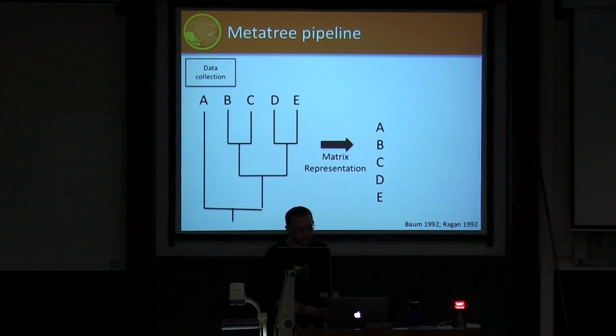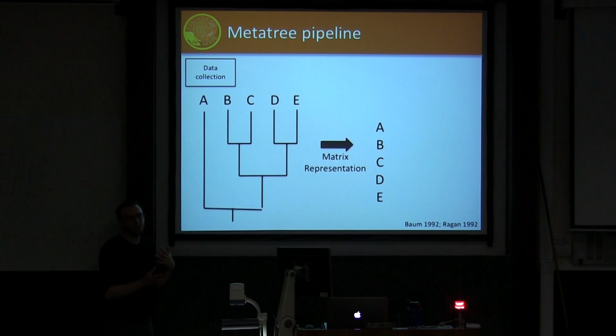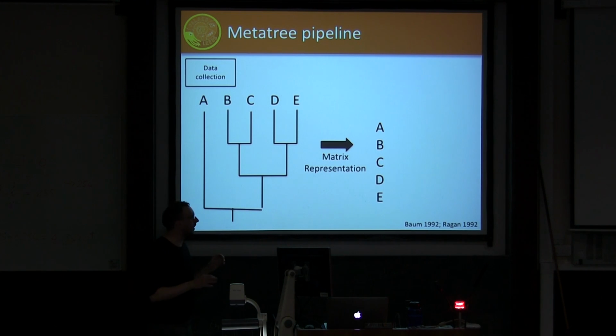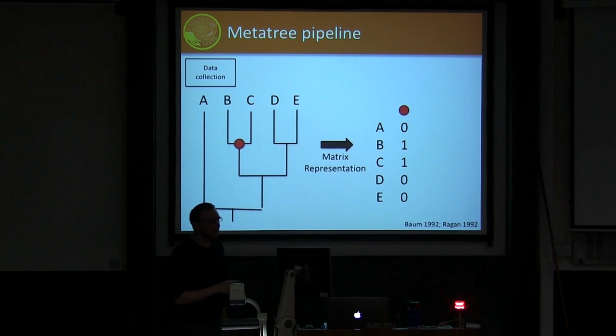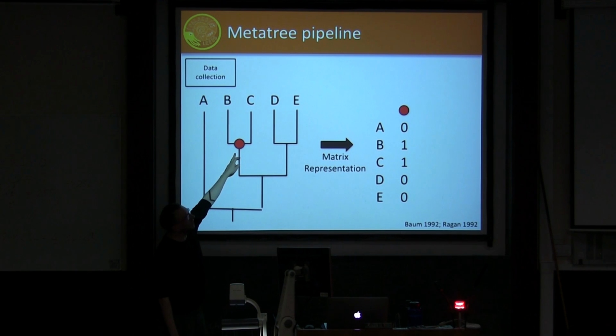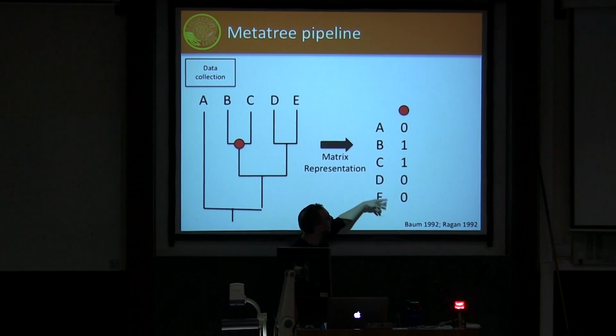MRP stands for matrix representation with parsimony. It's a way of encoding a tree as characters so that you can combine all your trees together in one giant matrix to infer your topology at the end. How this works in practice is, if we wanted to encode this node in here, which is the clade BC, we would have a character in our matrix. The taxa that are present in the clade, we'd code 1.